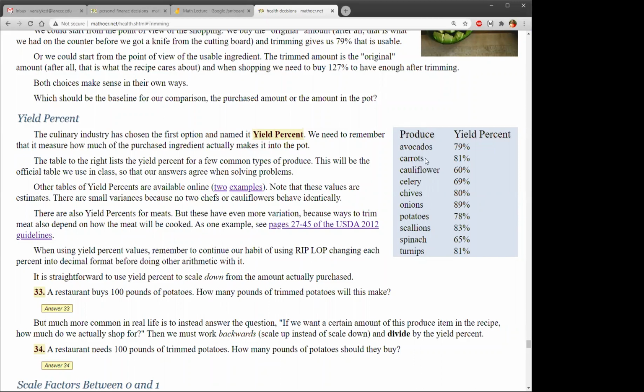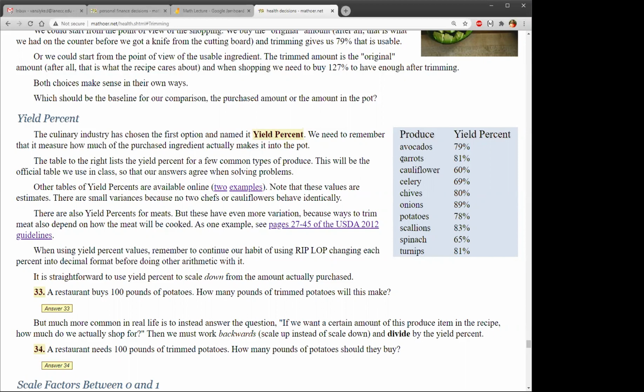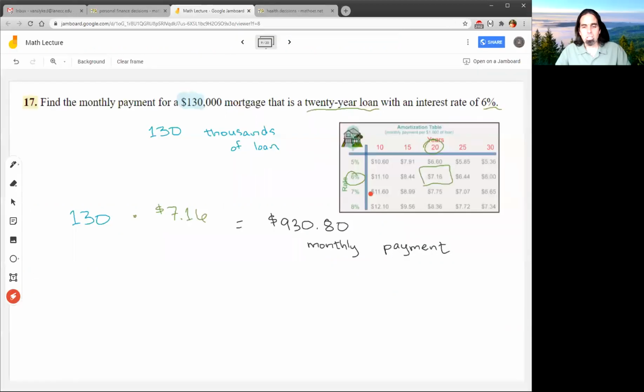So we usually use the yield percent backwards, not by multiplying times 0.81, but by dividing to go from the pot to the store. If we need this many carrots in the pot, how many extra do we need to buy? So this is the same thing. We are going to use this backwards to go from what we really want to what we shop for.